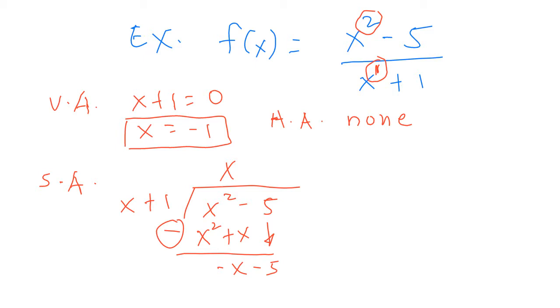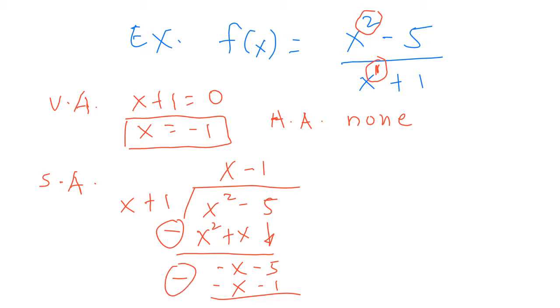We divide negative x by x, only the first term of the dividend divided by the first term of the divisor. Again, negative x divided by x is negative 1. So negative 1 times x would be negative x. Negative 1 times 1 would be negative 1. And then we subtract.